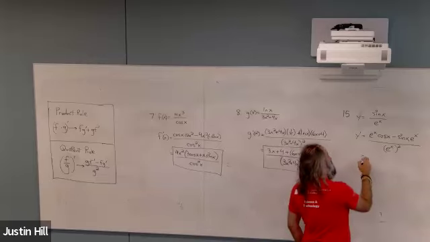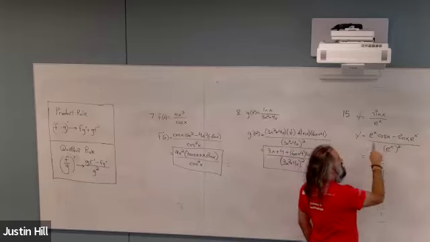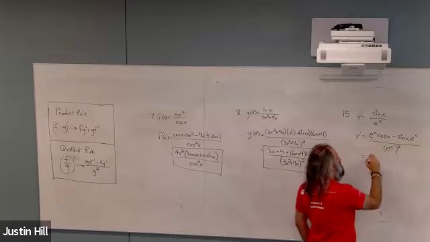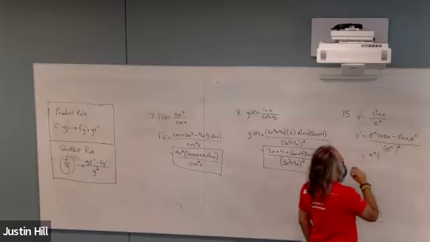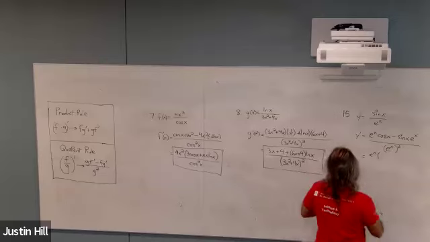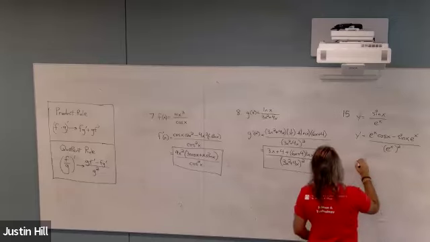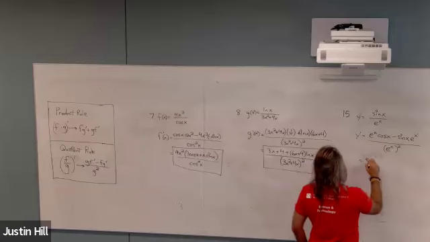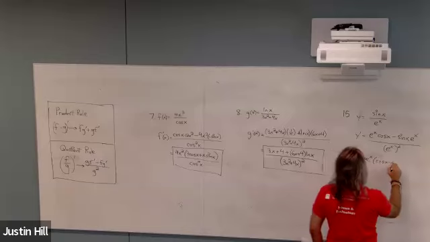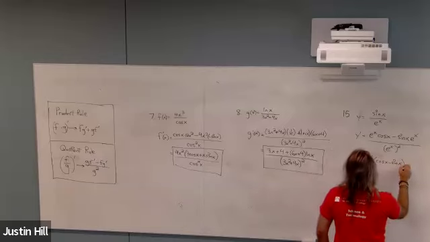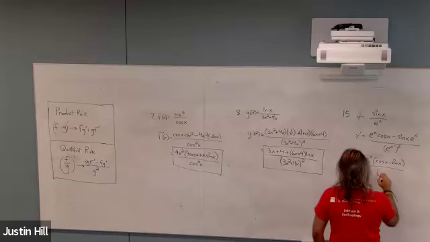Now, before we get all excited about squaring that thing on the bottom, notice we have a common factor on the top, which is e to the x. So we can factor out e to the x on the top. That gives cosine x minus sine x, over e to the x squared.